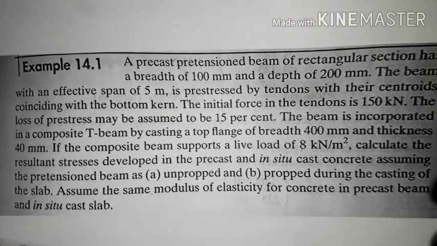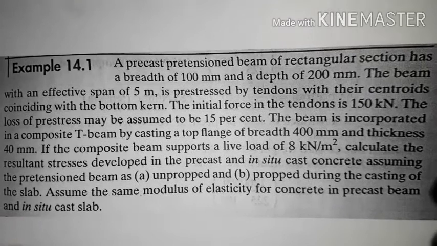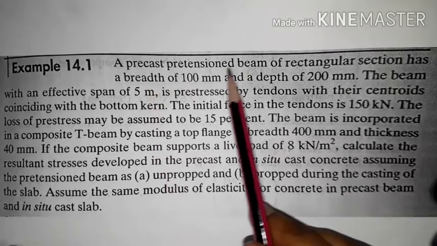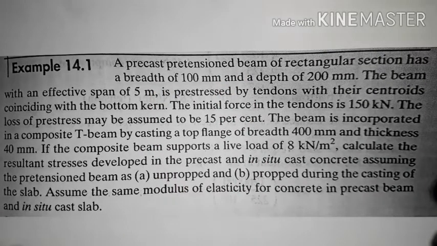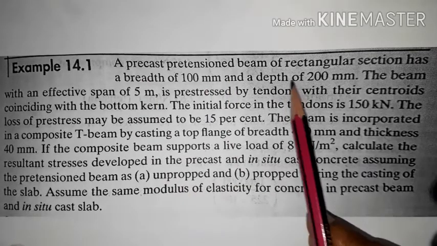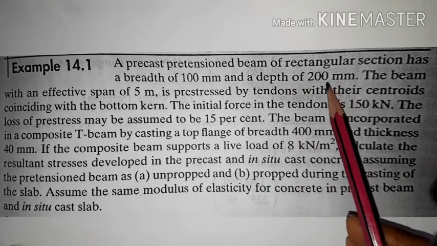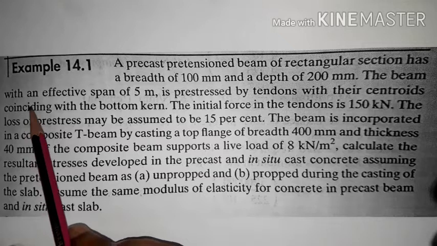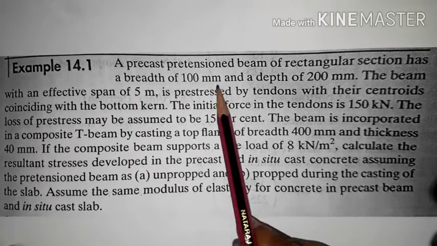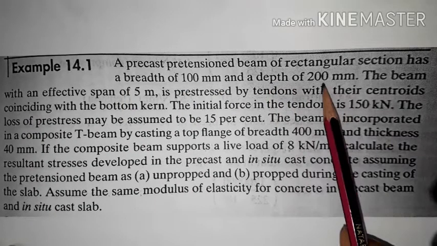It is given a precast pre-tensioned beam of a rectangular section with a breadth of 100 mm and depth of 200 mm.